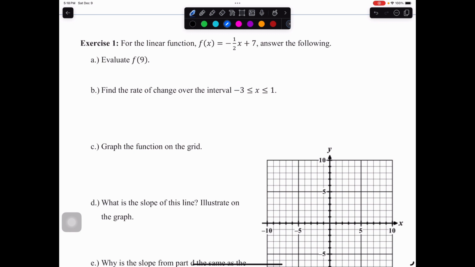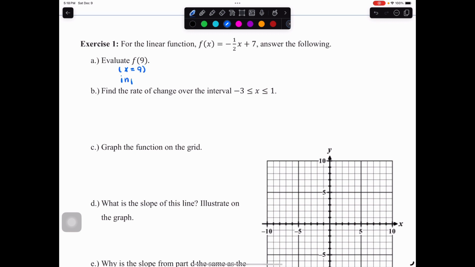We still have to be able to find function inputs and outputs using function notation. So if I see f of 9, remember that means the input or x value is 9. So to find f of 9, I would replace x with 9, making sure I use parentheses for my substitution.